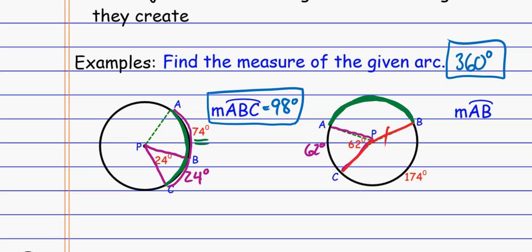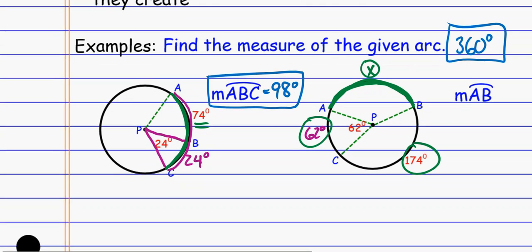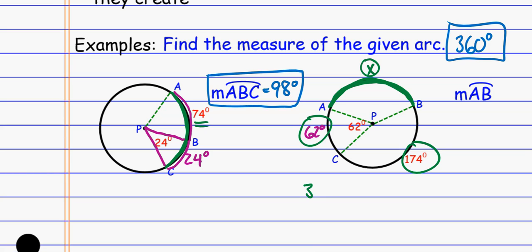Let's think about the distance the whole way around here. All of these arcs, maybe I'll call this one X, but all three of these arcs have to add up to 360 degrees to make it the whole way around the circle. So if I want to find X, I just start with the 360, and I subtract the arcs that I have. I subtract the 62, I subtract the 174.